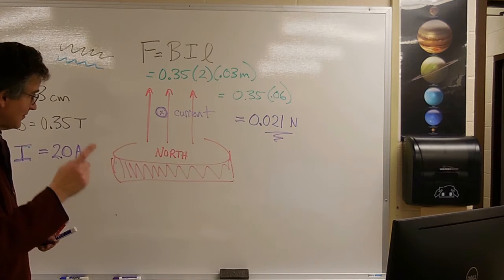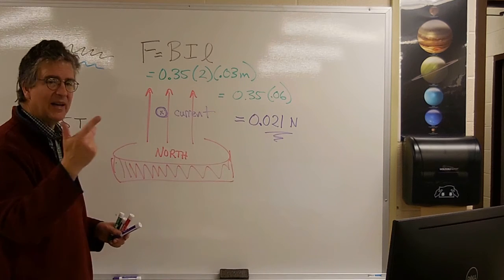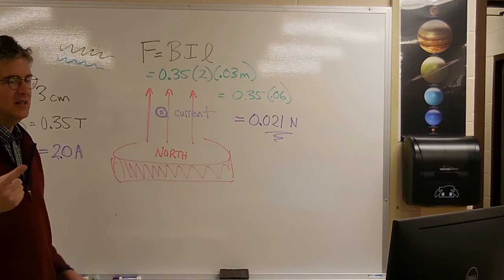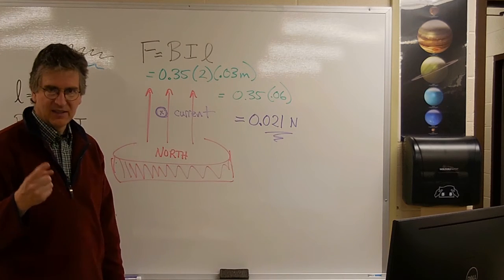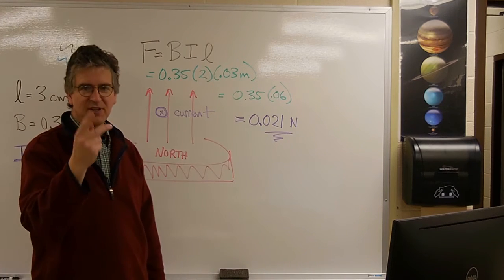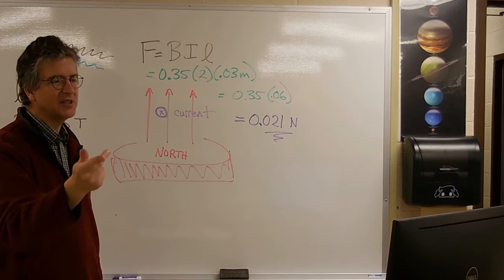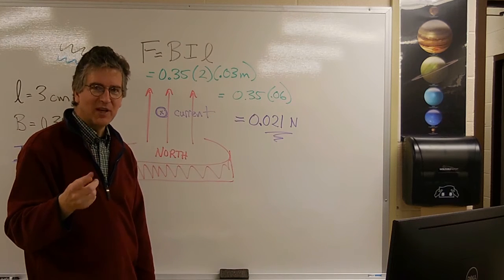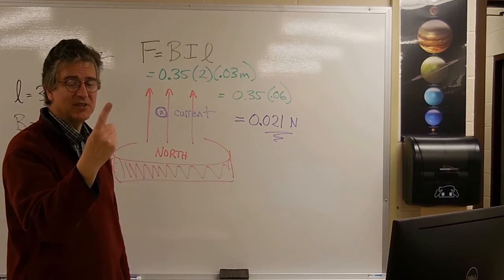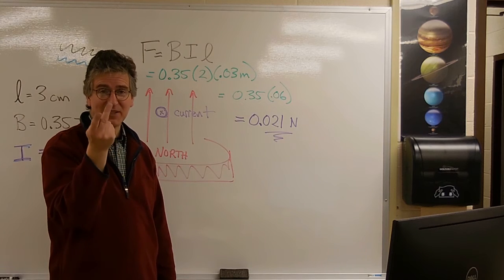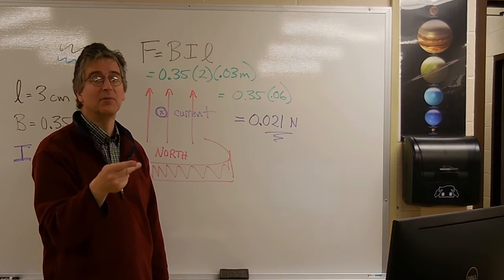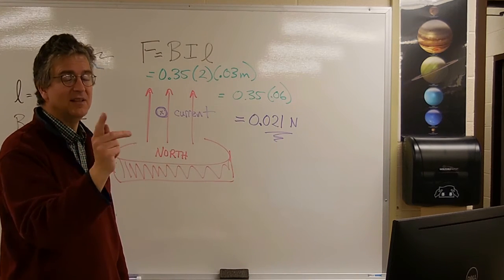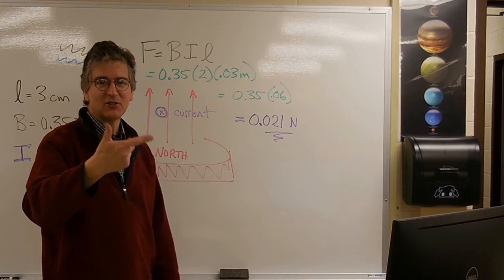So you do the right-hand rule for this. The current goes in the direction of the index finger, and the magnetic field goes in the direction of the middle finger. I can remember that because I is the index finger, and the magnetic field is B, the bird finger. Then the force is in the direction of your thumb.